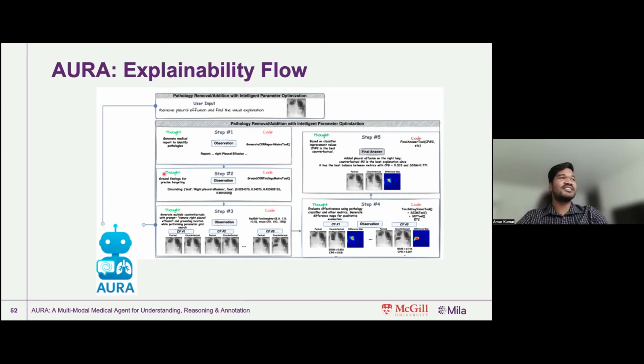This thought process is printed in green, and the output of the agent-based framework is printed in red. Unfortunately, I don't think I'll have time to go through each of these thought processes or how these chains of thought are developed. But in summary, what's happening is this agent creates a thought process: I'm asked to remove pleural effusion, so first, localize where this pleural effusion is happening.